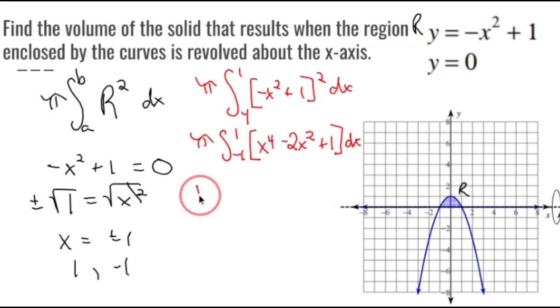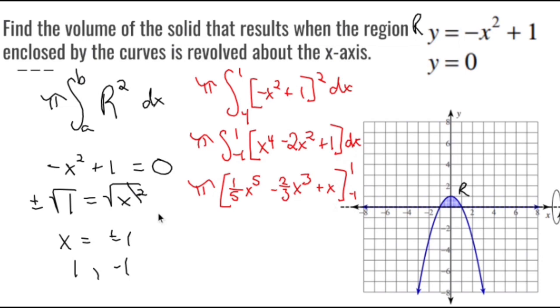Now I integrate. Pi comes along for the ride. This gives me 1/5 x to the 5th, negative 2/3 x to the 3rd, plus x. My limits are negative 1 and 1. All right, so I'm going to now use the fundamental theorem of calculus.